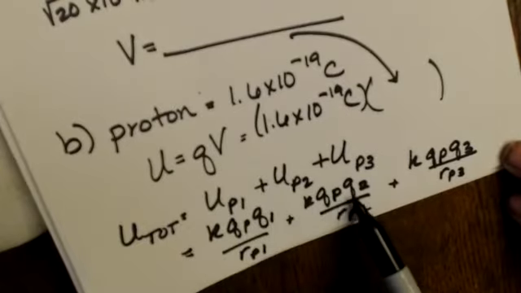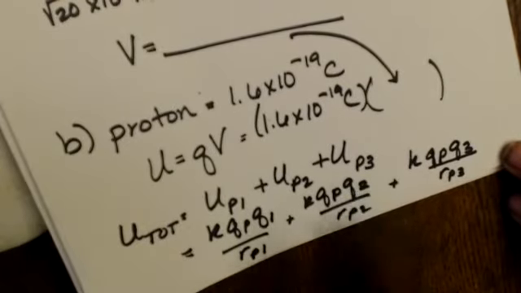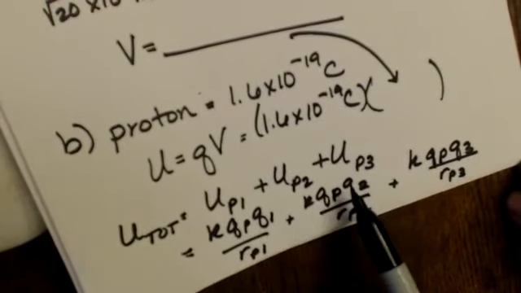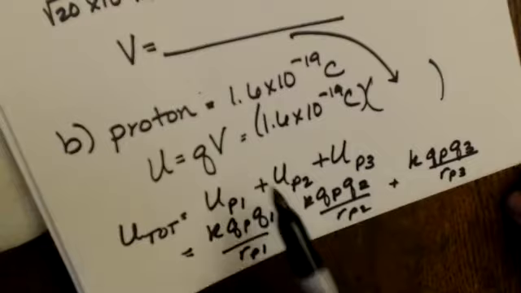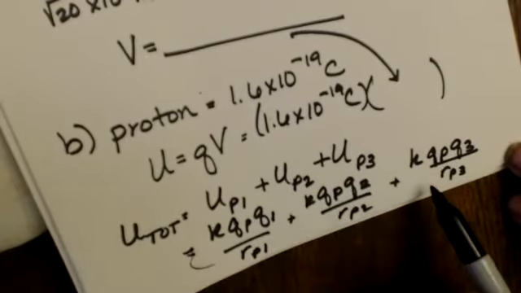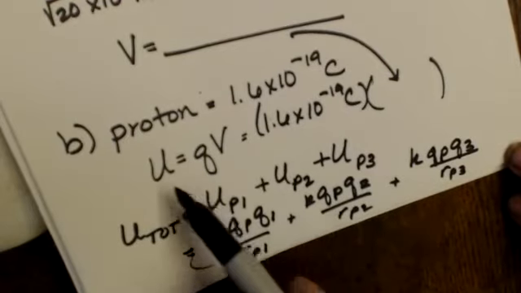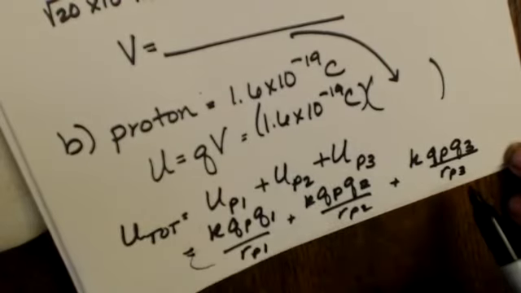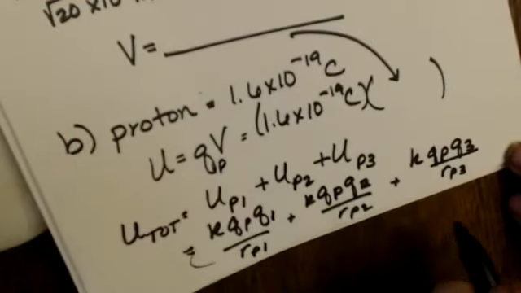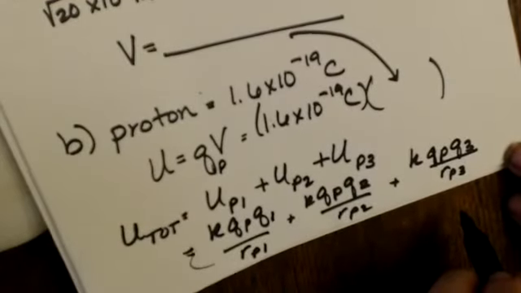The only thing I would need to remember is that Q2 is negative, so this term would be negative. But since we already did most of this work, we just need to multiply by the charge of the proton here to get the total potential energy.